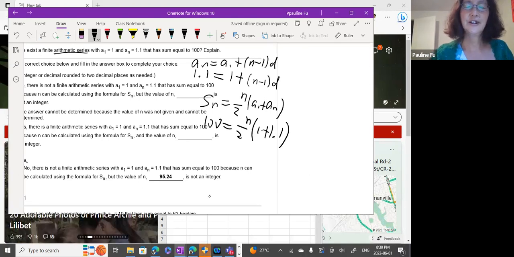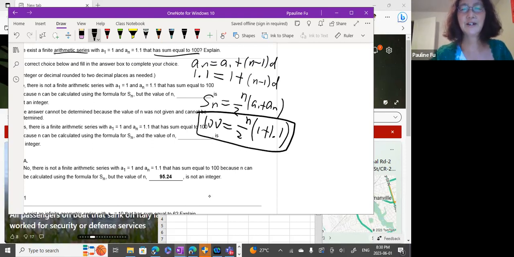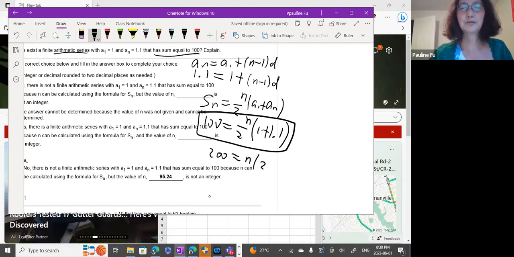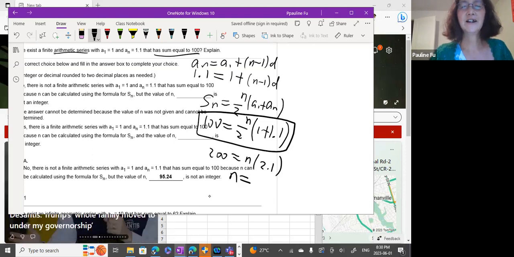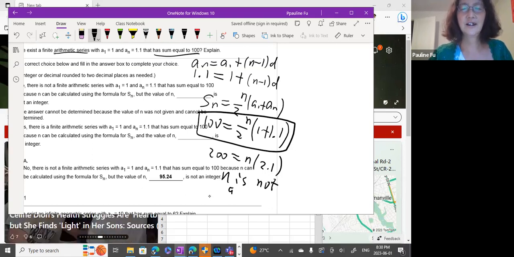So this is based on this sum, and then we can solve for N from this. So 200 equals N times 2.1. You cannot get N as an integer. N is not an integer.